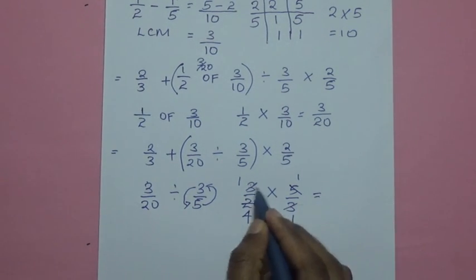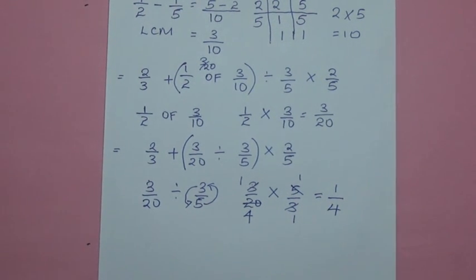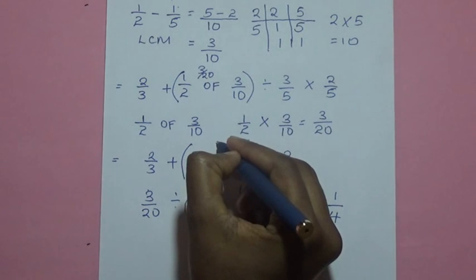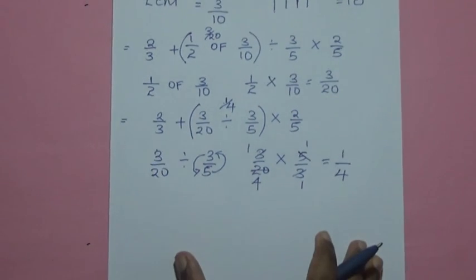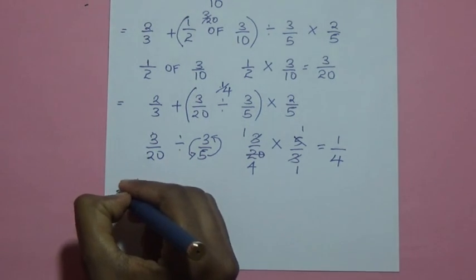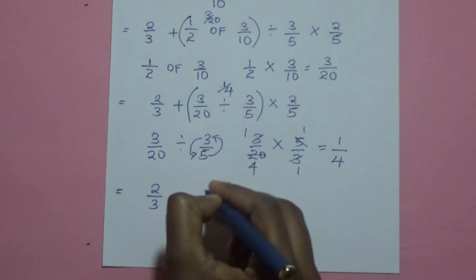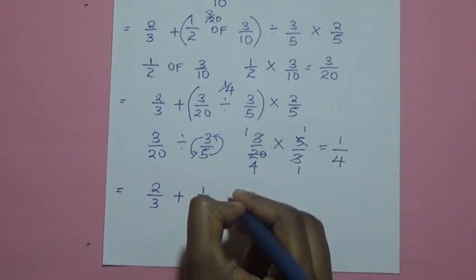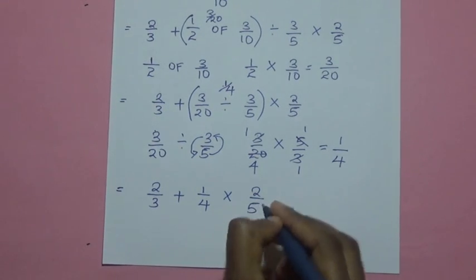And the answer will be 1 over 4. Now, let us write down what we have. We have 2 over 3 plus a quarter multiplied by 2 over 5.